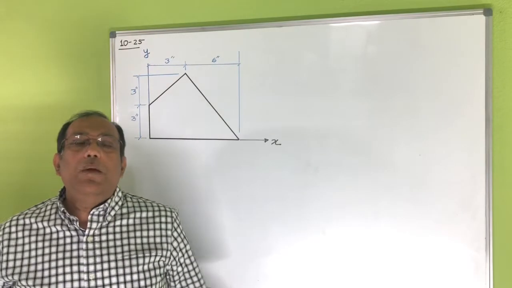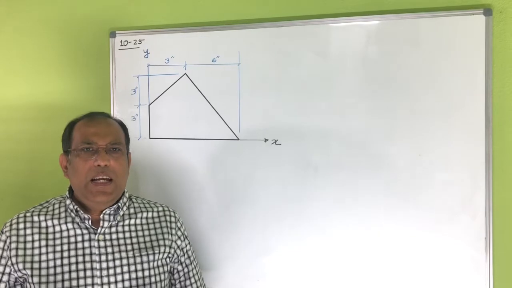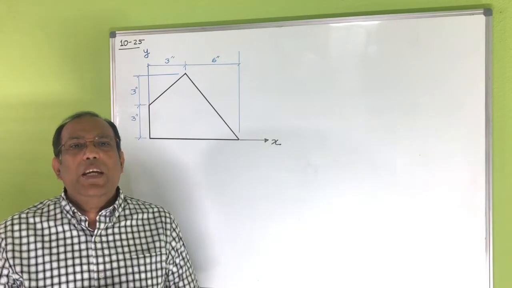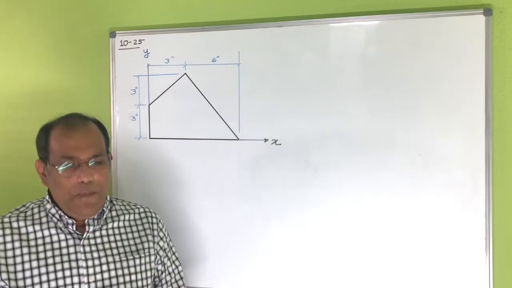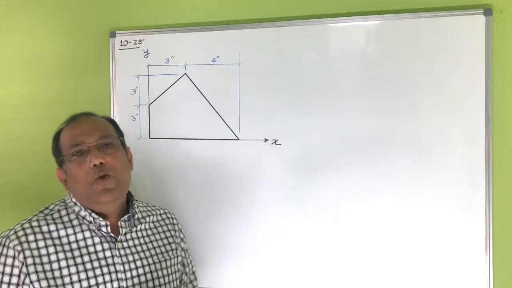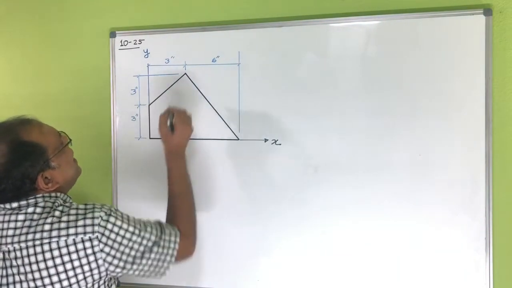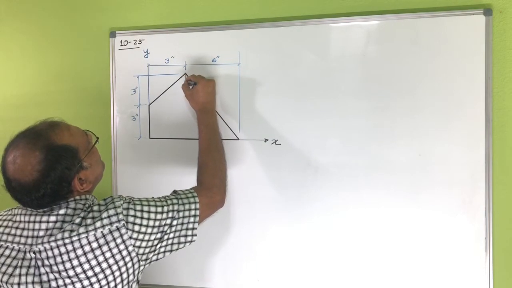First, we have to see how many components, how many regular shapes, we can find for the whole composite. You can do it in different ways, but for simplification, let's say I'm getting it this way.